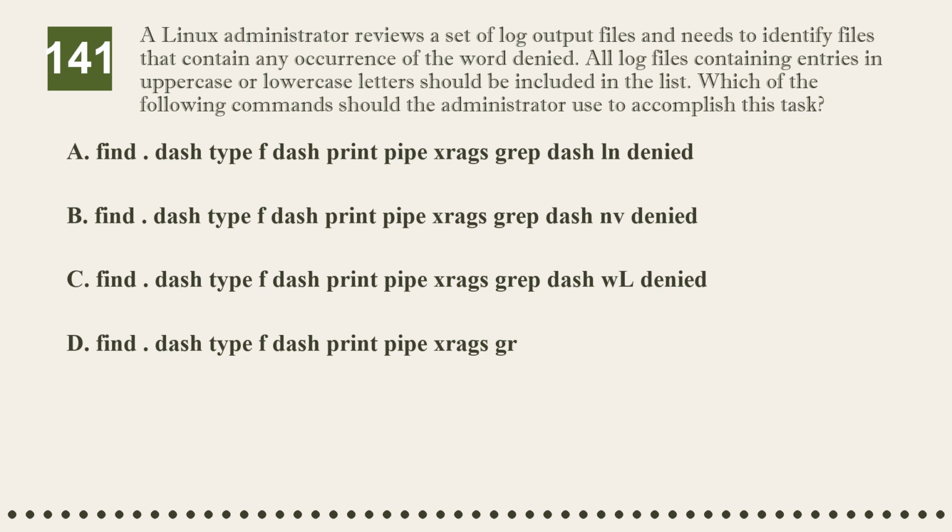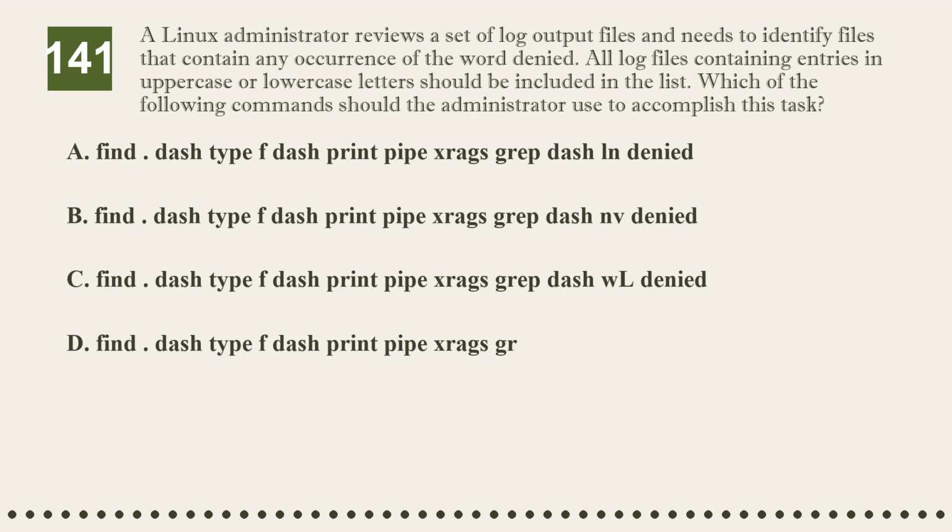Question 141. A Linux administrator reviews a set of log output files and needs to identify files that contain any occurrence of the word denied. All log files containing entries in uppercase or lowercase letters should be included in the list. Which of the following commands should the administrator use to accomplish this task? Option A, find -type f -print | xargs grep -ln denied. Option B, find -type f -print | xargs grep -nv denied.